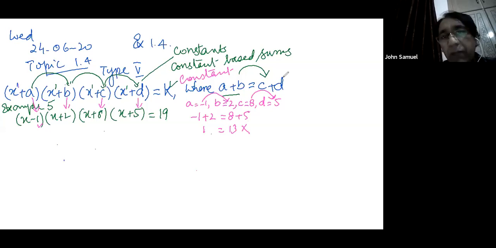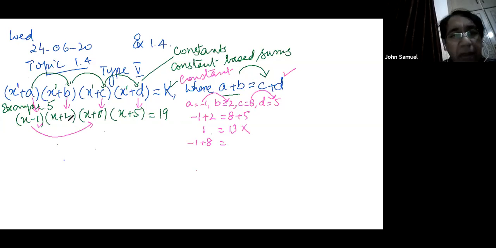So we will leave this pair as these are not equal. We need to make it in such a way that if we add any two constants, the other two constants must be equal to that, as it has four linear factors. So we will take the first and third this time. I'm taking this one and this one: minus 1 and plus 8.